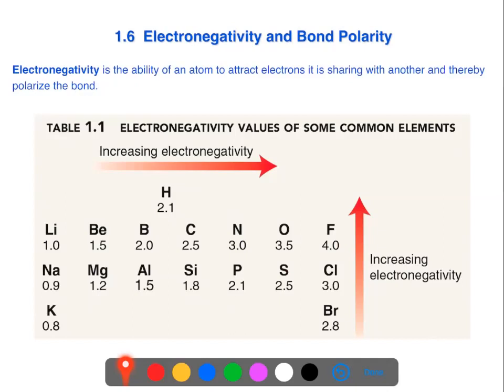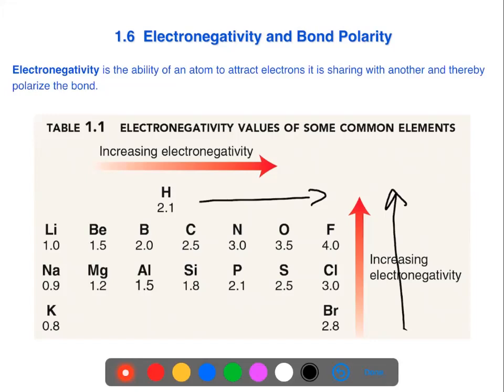So the greater the electronegativity of an atom, the better it's able to attract electron density around its nucleus compared to that of its neighboring atom. In a typical periodic trend, we often say that the electronegativity is going to increase from left to right and from bottom to top.